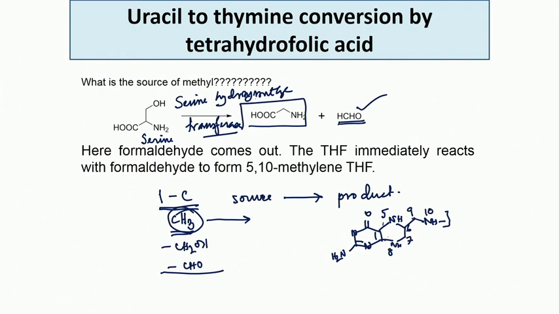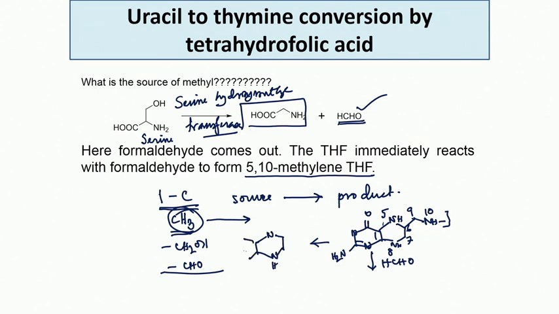So, this tetrahydrofolate molecule reacts with formaldehyde and forms a derivative which is called 5,10 methylene THF. That means, it goes into this structure N and then you have this NH.